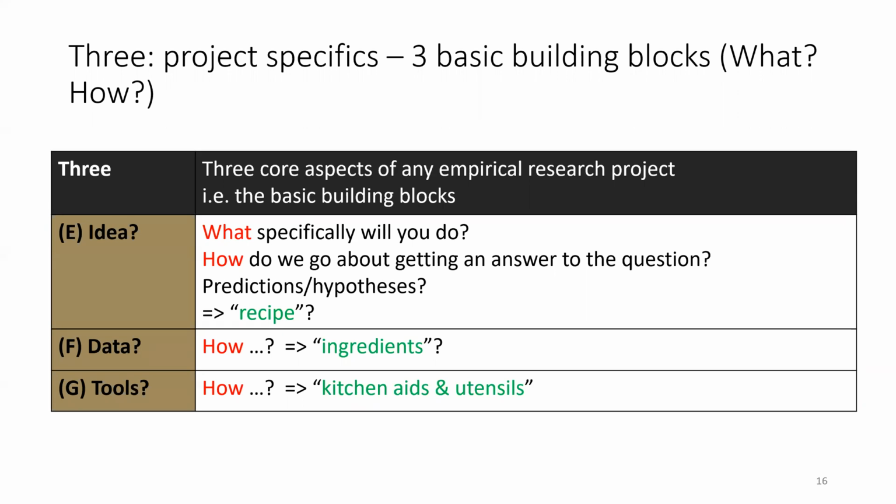The tools, another angle on how, and you can think of this in terms of the kitchen metaphor as the essential aids and utensils that you need in order to mix together the data and shed some credible, reliable light on the idea, and give some evidence that will help us understand whether the hypothesis or the prediction is supported or it's not supported.